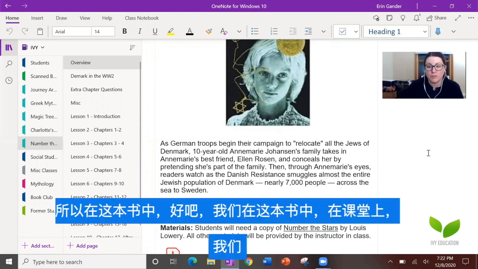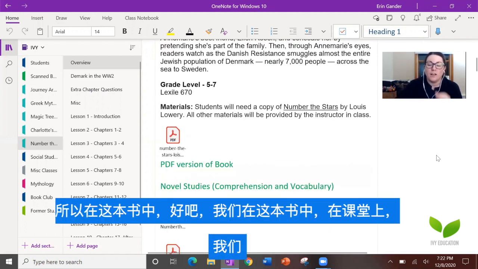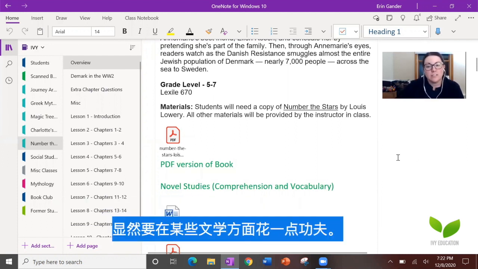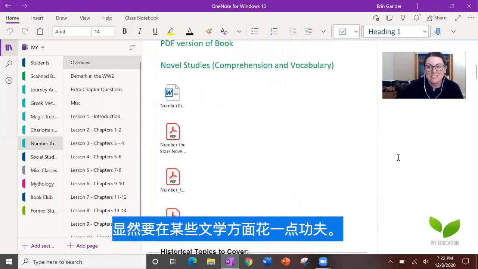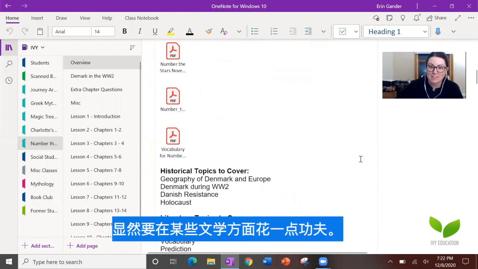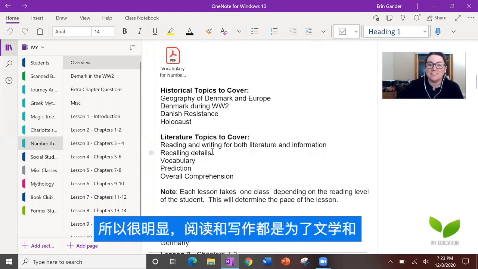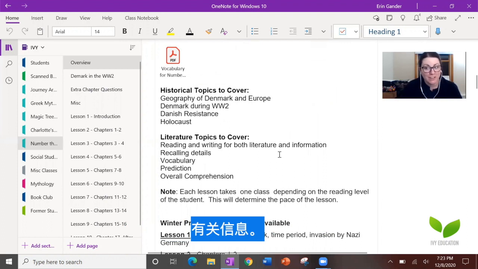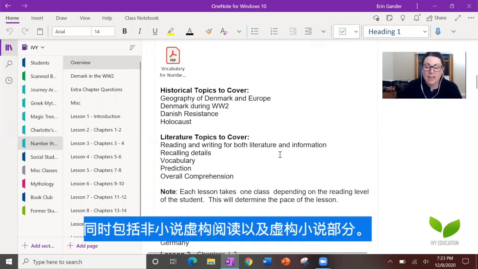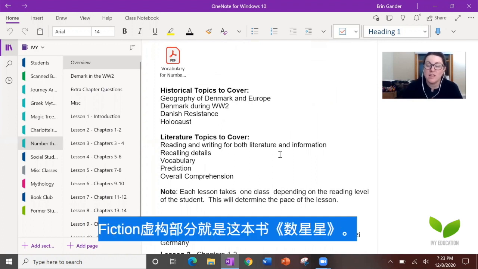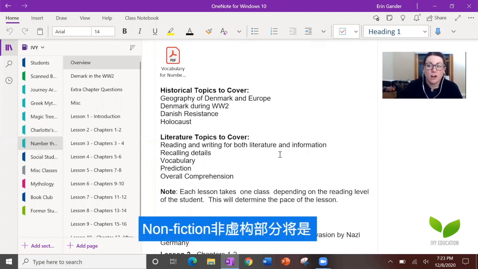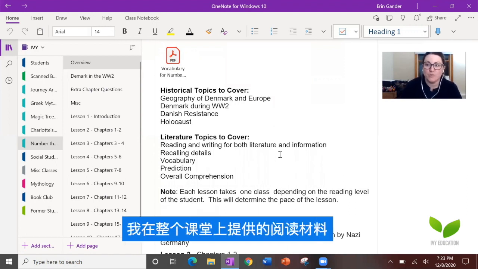So in the book and in the class, we're clearly going to work on some literature aspects. So obviously reading and writing, both for literature and for information. So both nonfiction and fiction. Our fiction will be the actual book, Number the Stars, and then our nonfiction, our informational text, will be additional readings that I provide throughout the class.